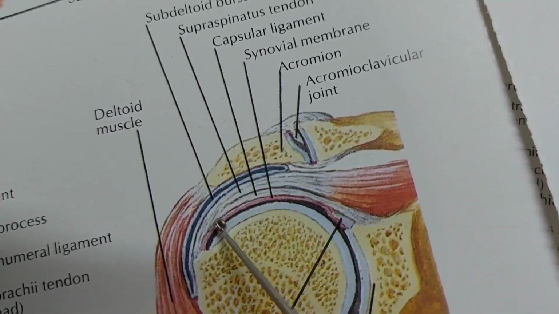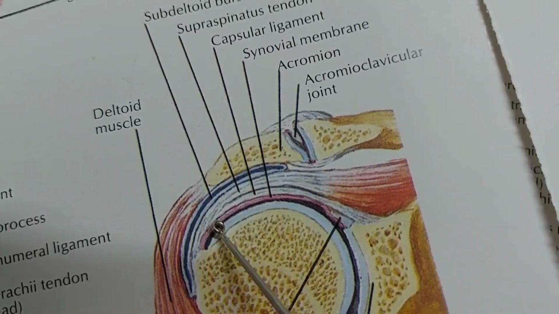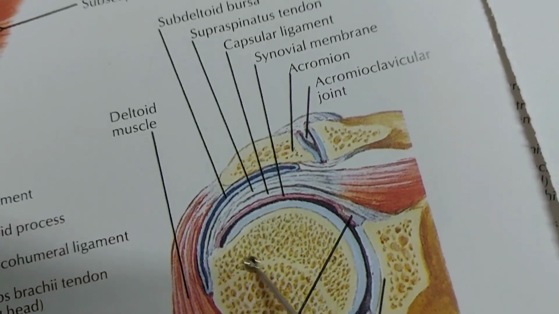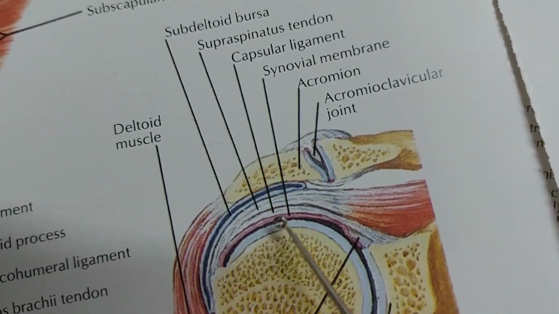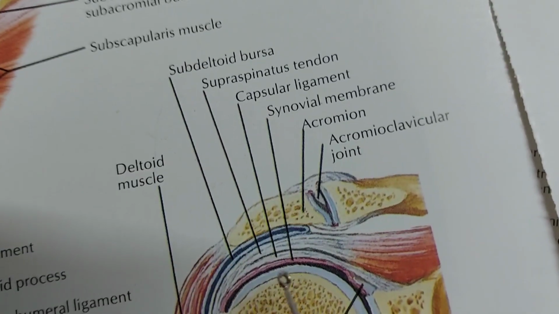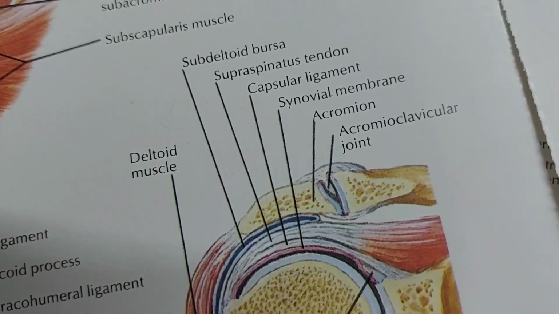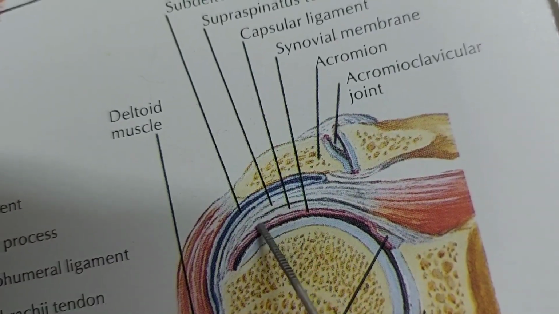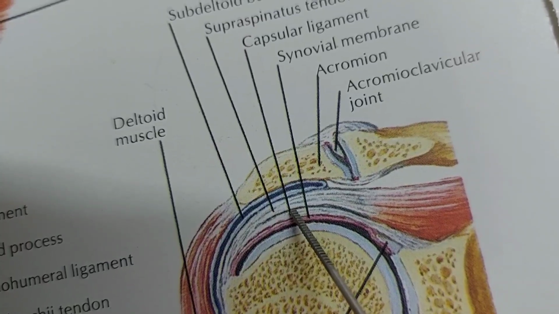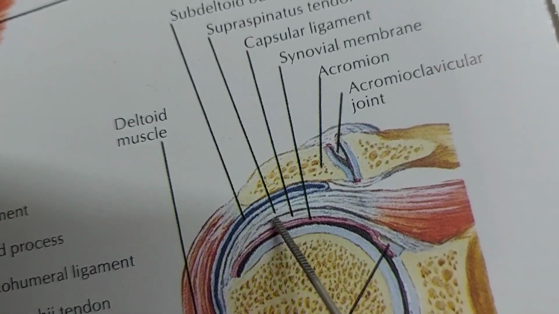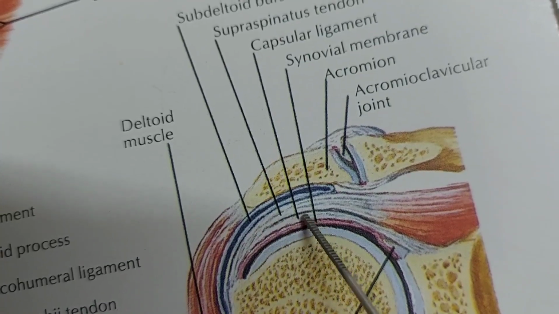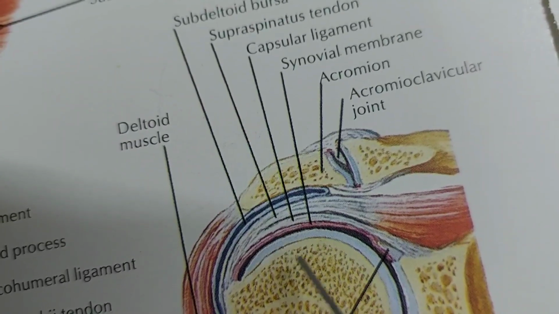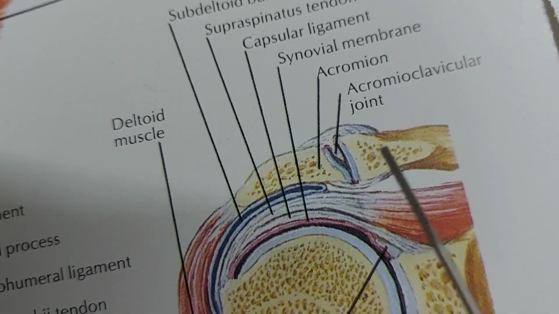This is known as the fibrous capsule. And this joint is also supported by some ligaments. In the close-up view, this is the synovial membrane, this is the joint capsule, and it has some ligaments along with the capsule and outside the capsule. These are the parts of a synovial joint.